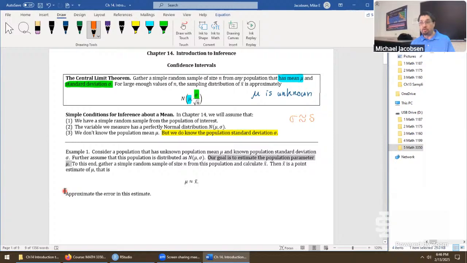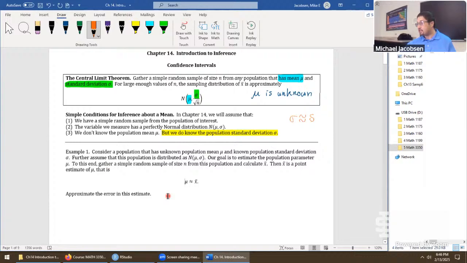We take a sample, we calculate the sample mean x bar, and we make that estimate right there. But we've made big complaints about that really since the very start of class. That estimate is useless until we quantify the error in that estimate. And so that's what we're going to do right now. Approximate the error in making that estimate anytime you make that estimate under these conditions as well.